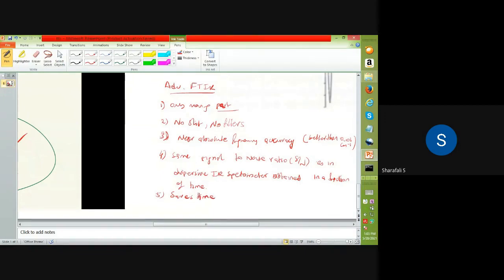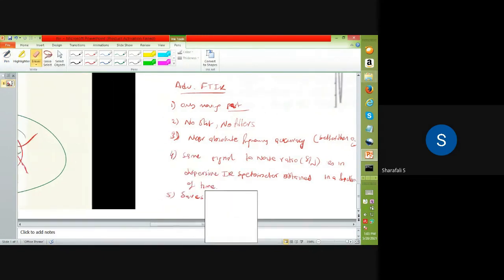We already explained how it can save time. So this will be scanning by taking all the frequencies at a single time.